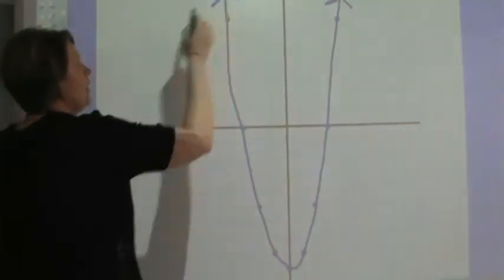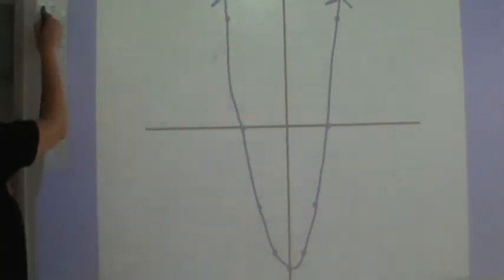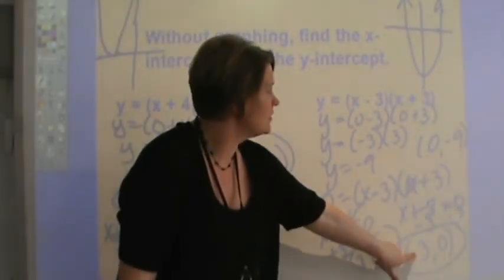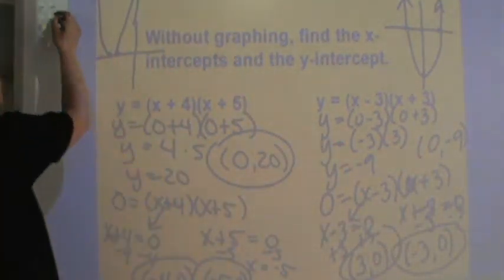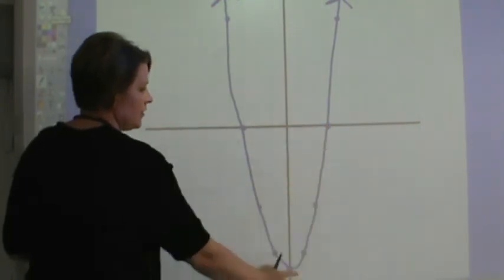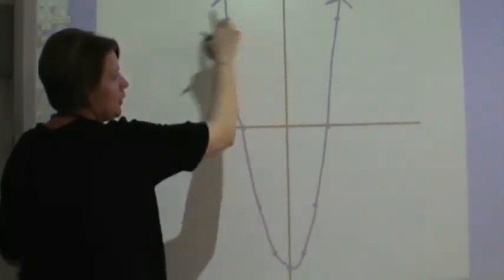Okay? And I'm done. So we just verified then this one back here. It was right here. My x-intercepts were 3, 0 and -3, 0. My y-intercept was 0, -9. Which is what I just did here. And then we just found what those other points would be in between.